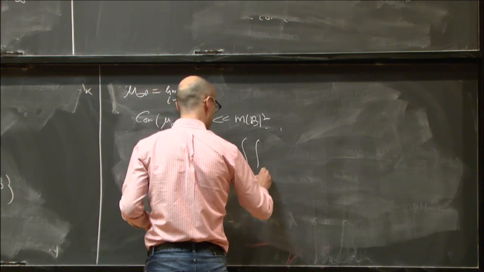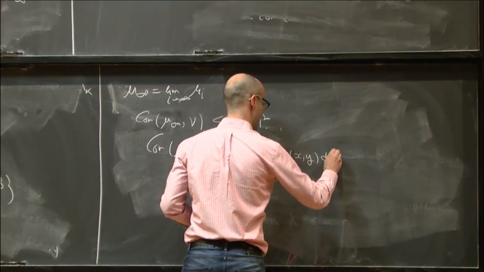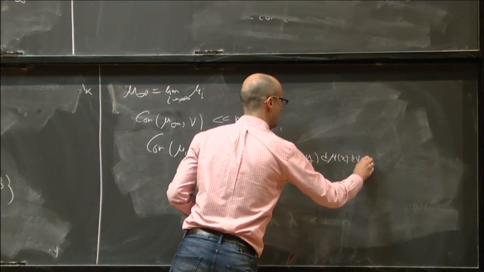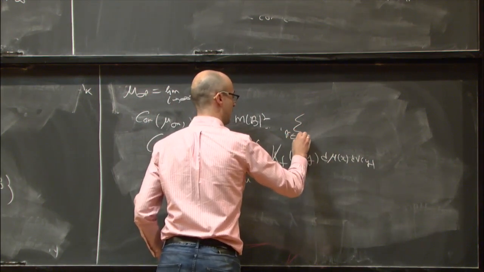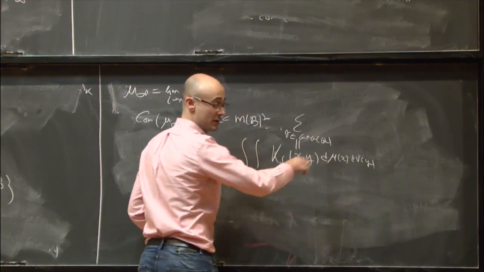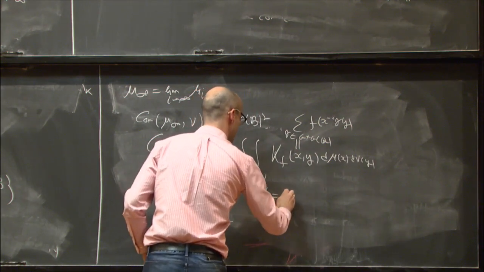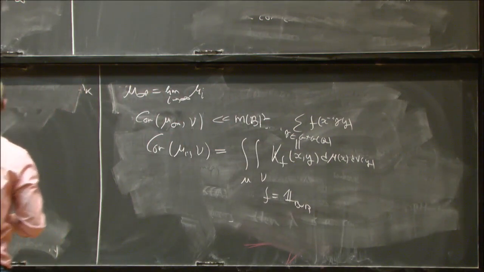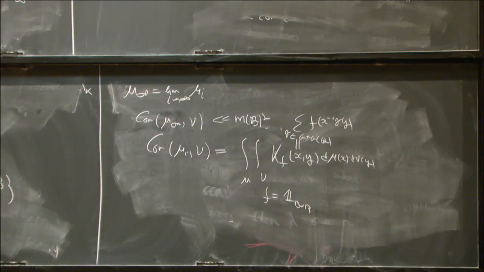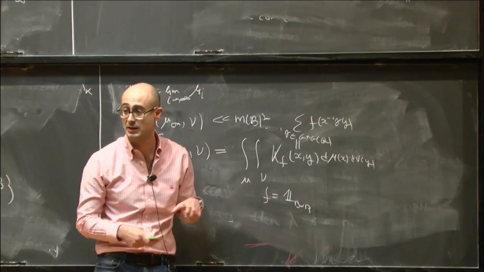So this is just the integral d mu x, d mu y, where this is the standard automorphic kernel on the product space, and f is just the characteristic function of your ball. If you write down what it means, it is almost the same thing. Because in order for x to be in the B times B ball around y, there needs to be some lattice element which translates x to be near that. So up to things high in the cusp, this is practically the same.